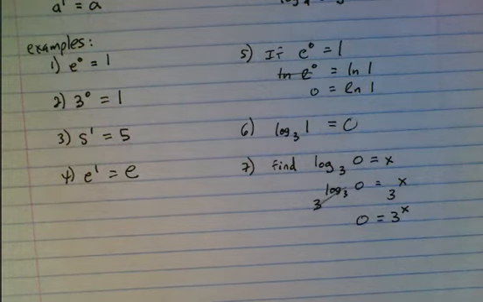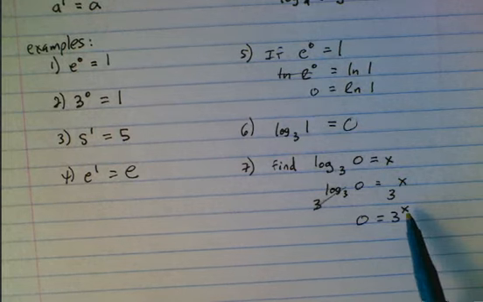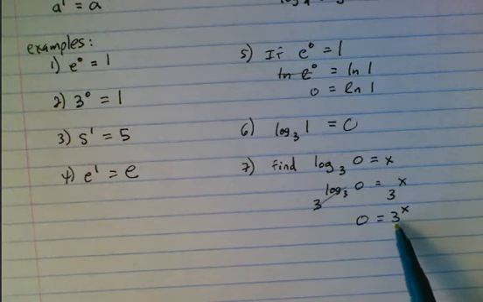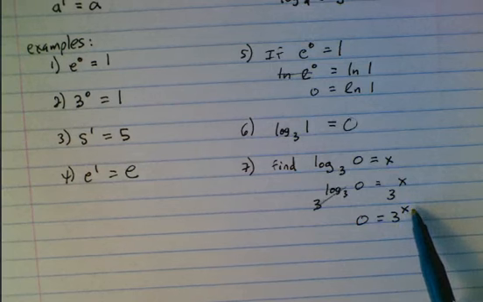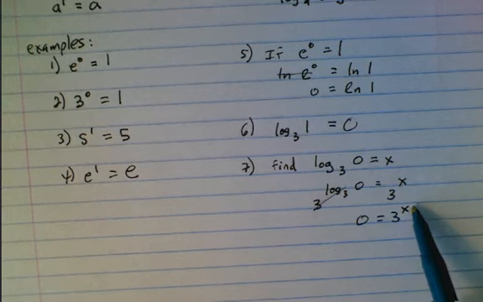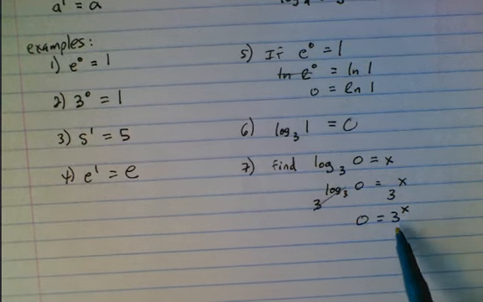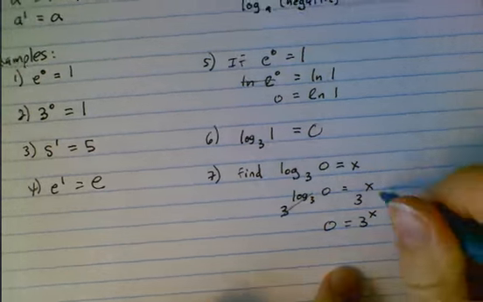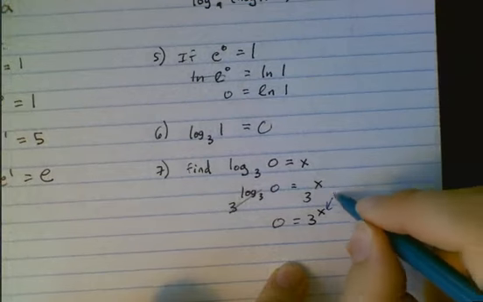The thing is that there's nothing that we can put in for x here that will make this be true. If we put in, say, 10, 3 to the 10th power is positive. 0, 3 to the 0 power is 1. Negative number, 3 to the negative first power is 1 over 3. It's still a positive number, it's just a fraction. So this is not possible.